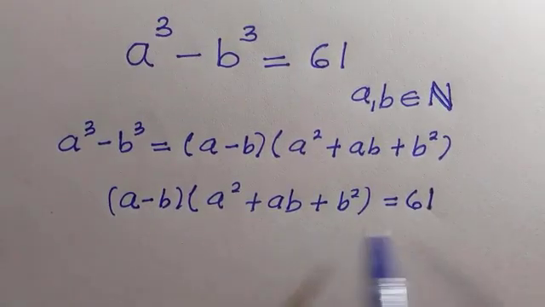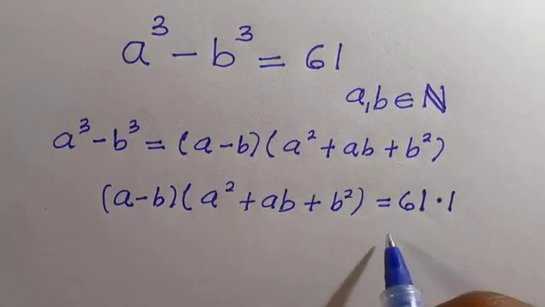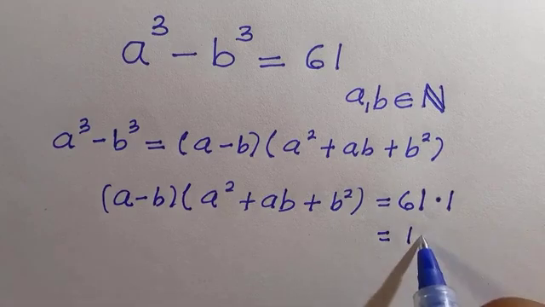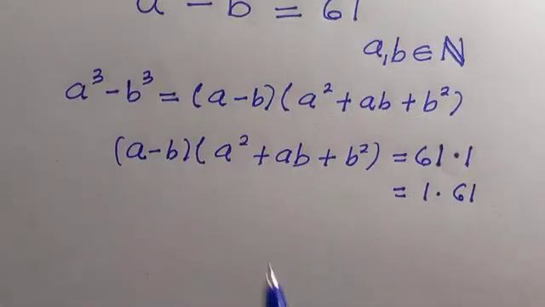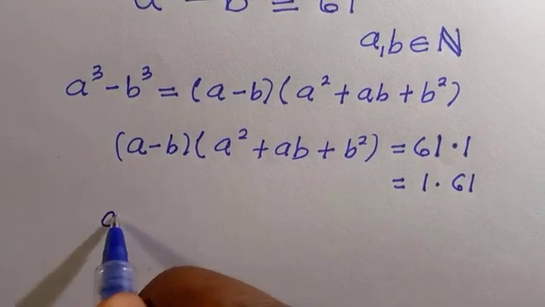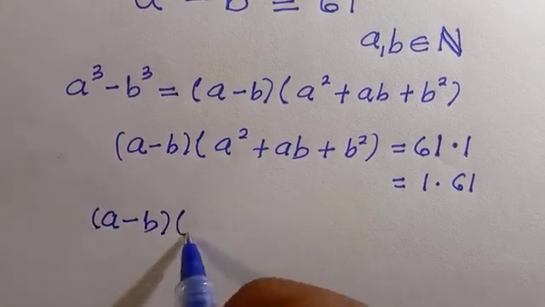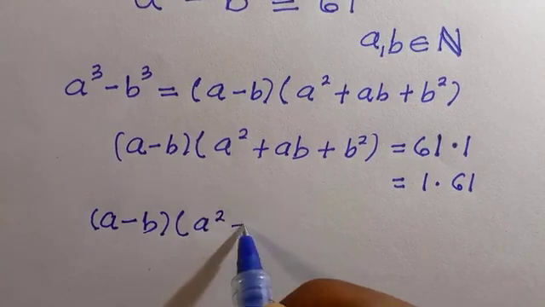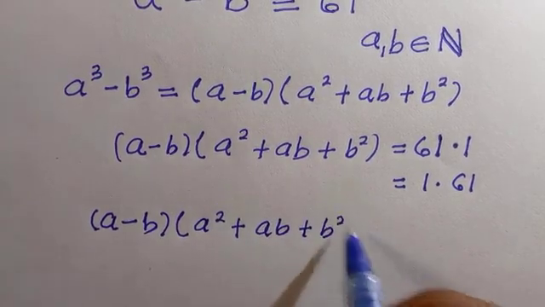We know this 61 can be written in two possible ways: either 61 times 1 or 1 times 61. Which one are we going to equate this with? We have (a minus b)(a square plus ab plus b square).